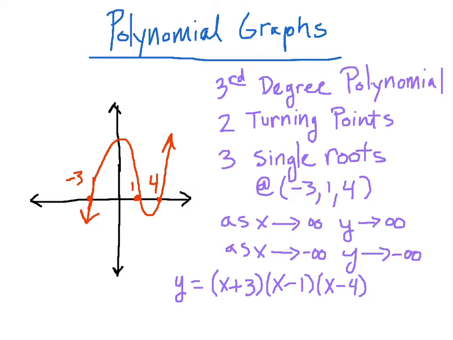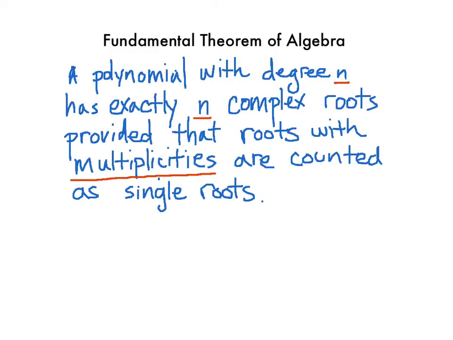Now let's take a look at another idea before we look at our next polynomial graph. We have this thing in algebra called the fundamental theorem of algebra that states a polynomial with degree n has exactly n complex roots, provided that roots with multiplicities are counted accordingly. So what that means to us is that whatever the degree of the polynomial is, we should have that many complex roots.